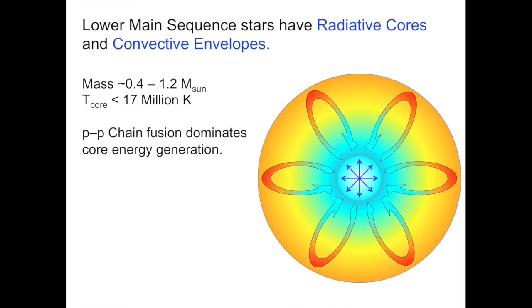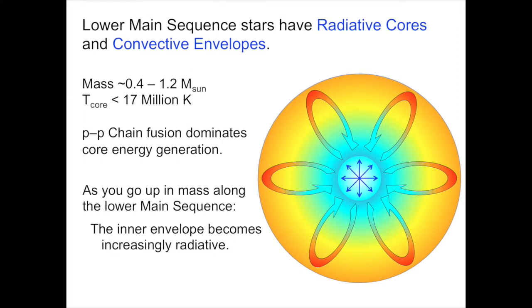However, as you go up in mass along the lower main sequence, as you go from 40% the mass of the Sun to 1.2 times the mass of the Sun, the temperature in the core is going to get larger, and the CNO cycle is going to click on and start becoming more and more important.